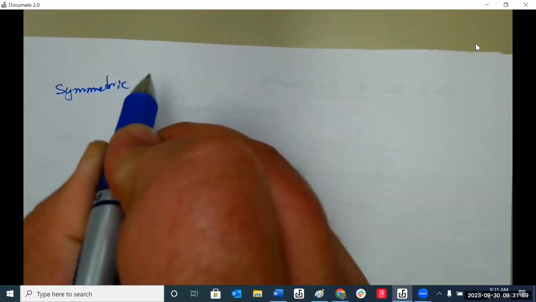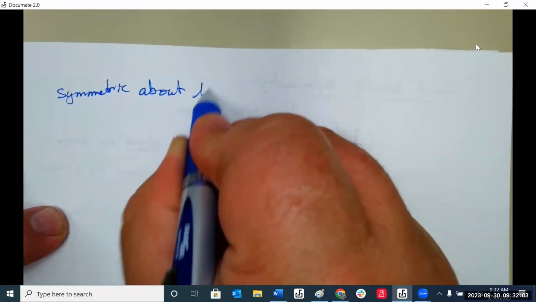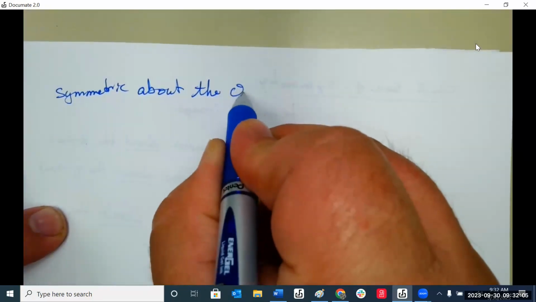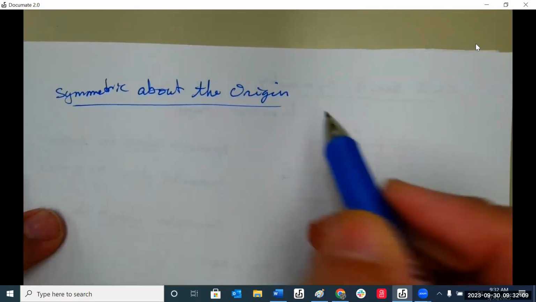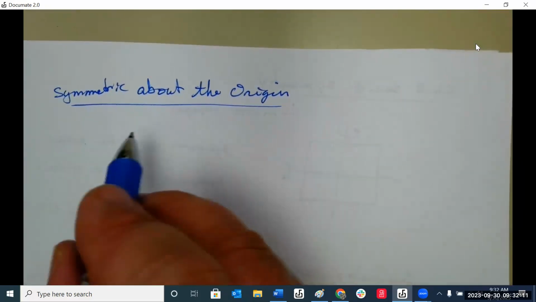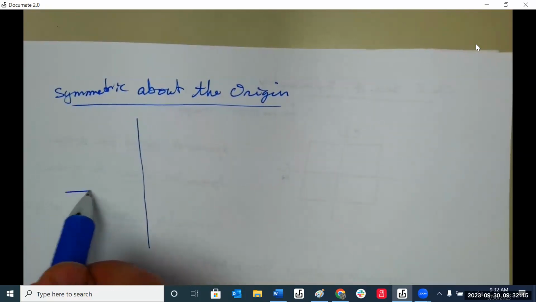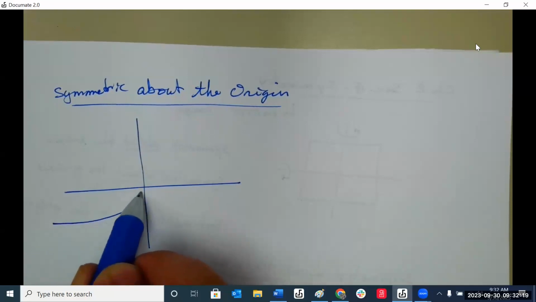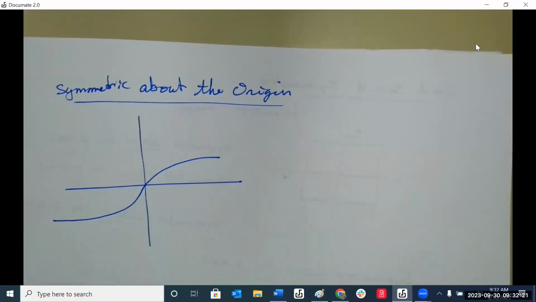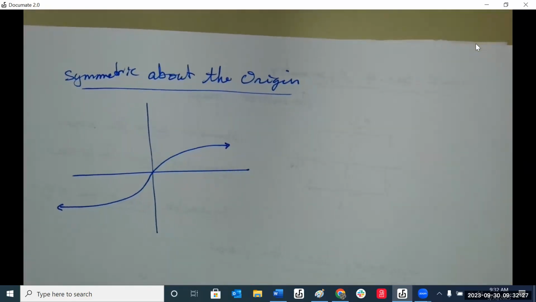Symmetric about the origin. What function is this?